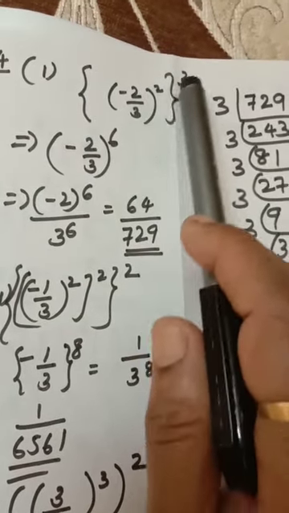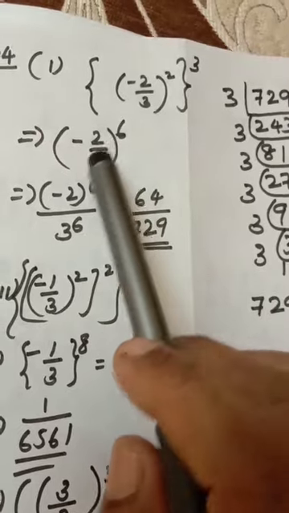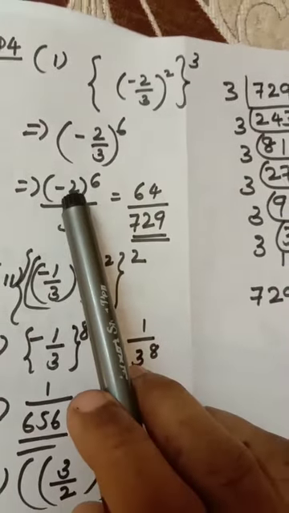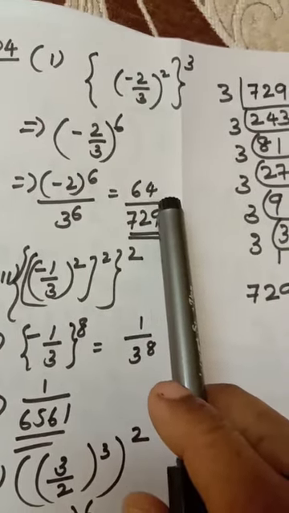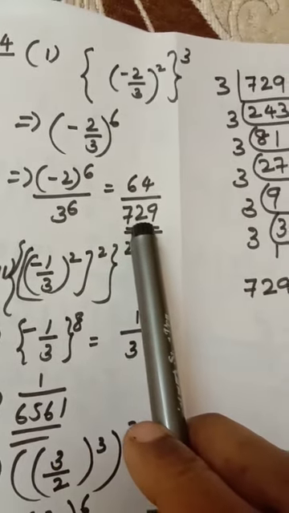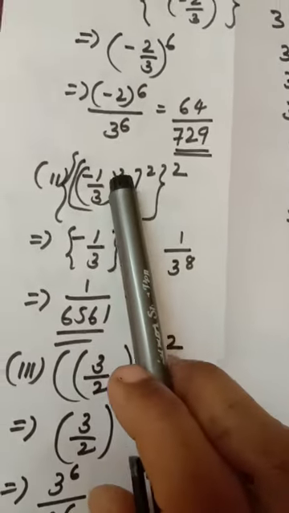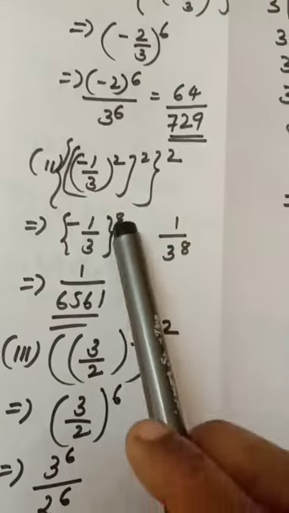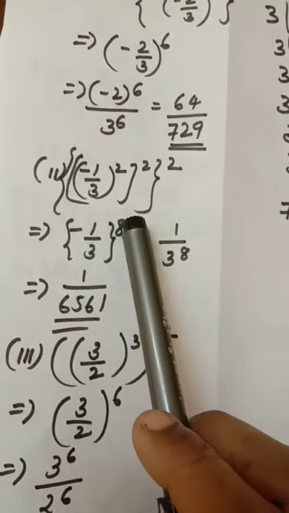1 base 2 power you have to multiply: minus 2 raised to 6 over 3 raised to 6. Minus 2, 6 times you will get 64; 3 raised to 6 is 729. Like that, 3 powers you have to multiply: 3 raised to 8, minus 1 raised to 8.